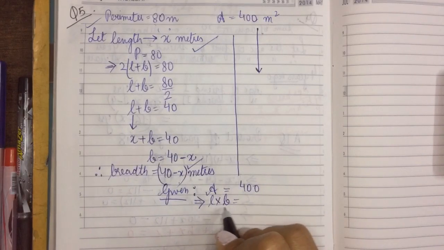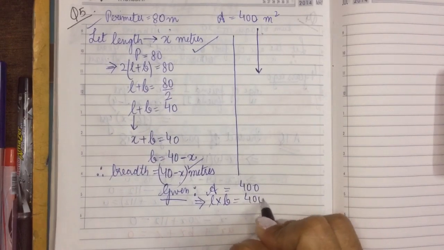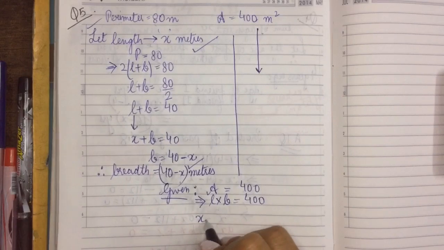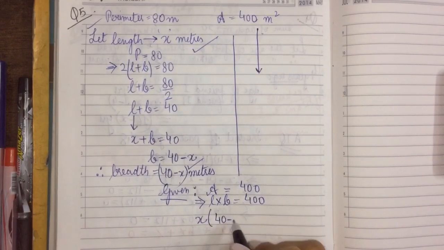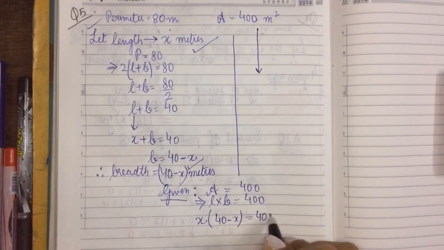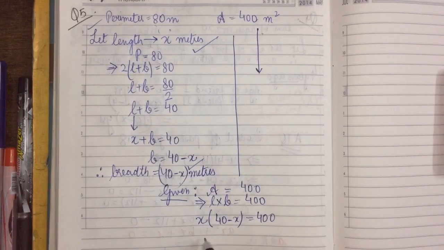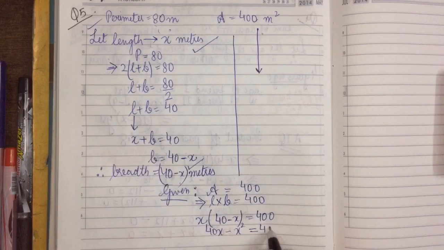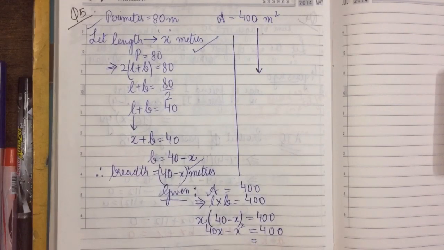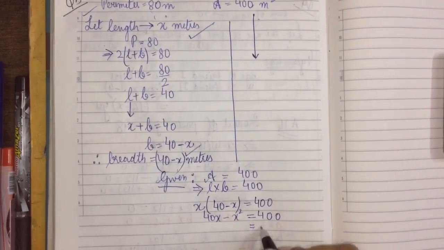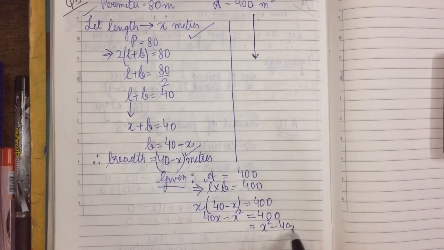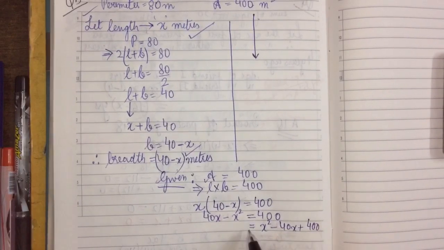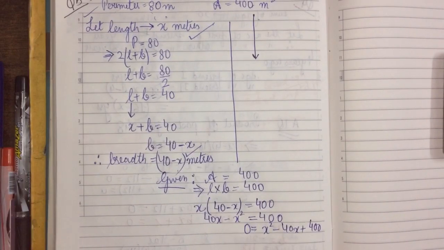Area of a rectangle is given by L into B. This is 400. So use the values. Length is x, breadth is 40 minus x. Form your equation from here. I'm taking these values to the right hand side. So this is my quadratic equation.